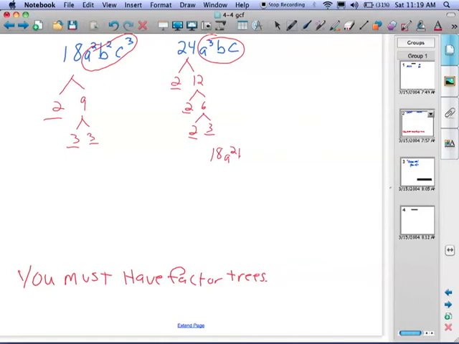So we're going to have 18a squared b squared c squared is broken down into 2 times 3 times 3. And now I need you to write the variables in expanded form. So we're going to have how many a's? 2 a's, 2 b's, and actually 3 c's, because I copied it incorrectly.